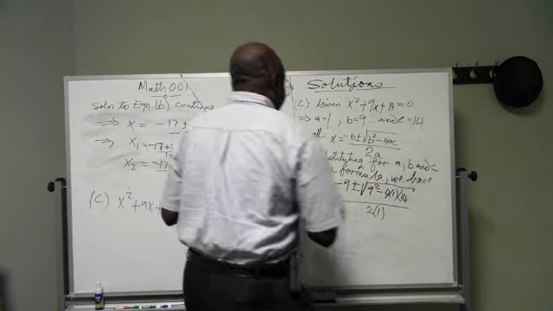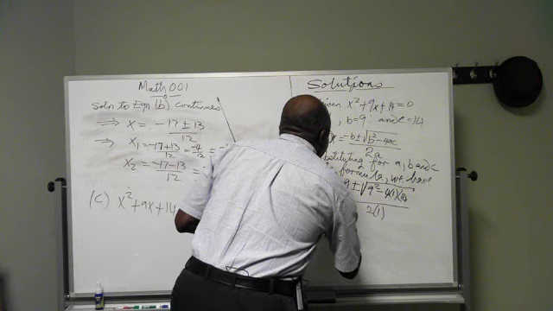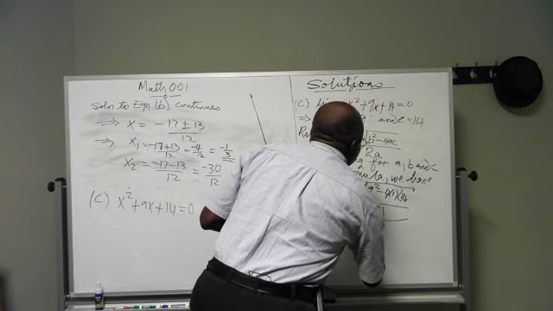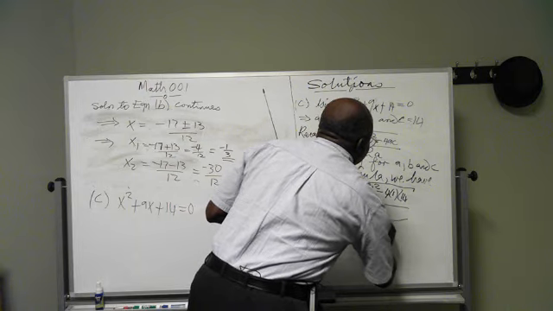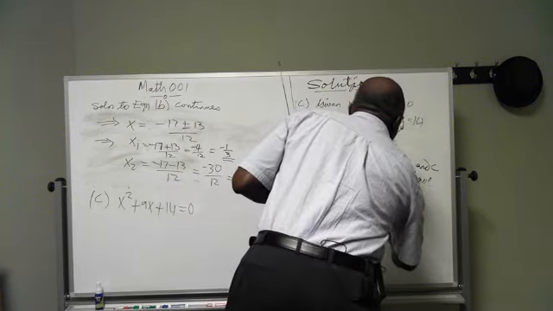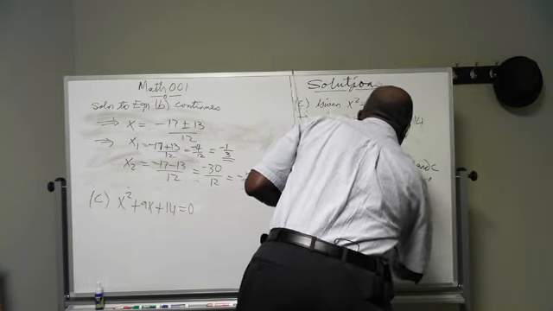This tells us that x is equal to minus 9 plus or minus the square root of 81 minus 56, all over 2.